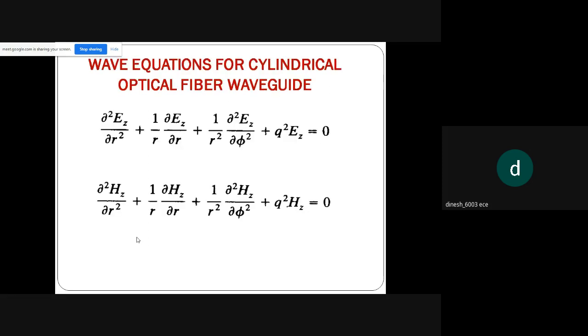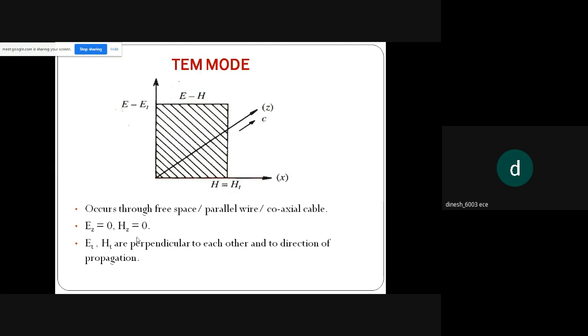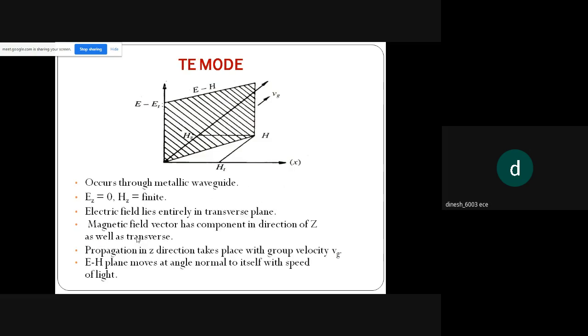So these would be harmonic wave functions in terms of cylindrical coordinates. For TE mode, the propagation will occur through the metallic waveguides.